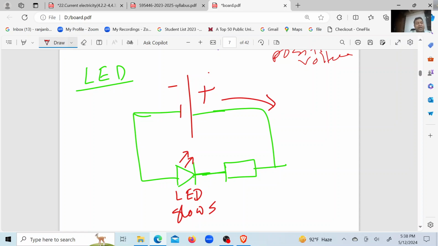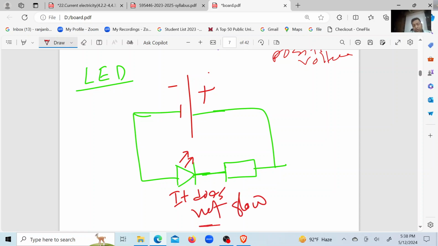But this LED is first of all a diode, then light emitting. So it will block the current and it does not glow. So an LED has all the properties of a diode. An additional property is that when it conducts current, it glows itself.